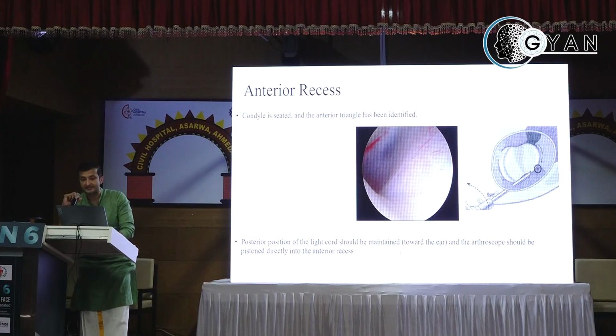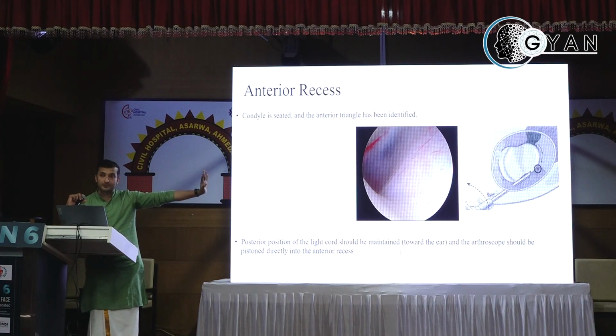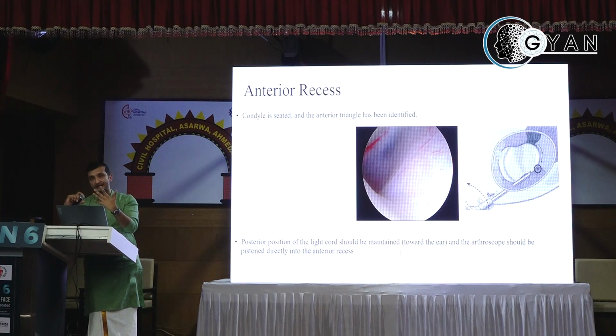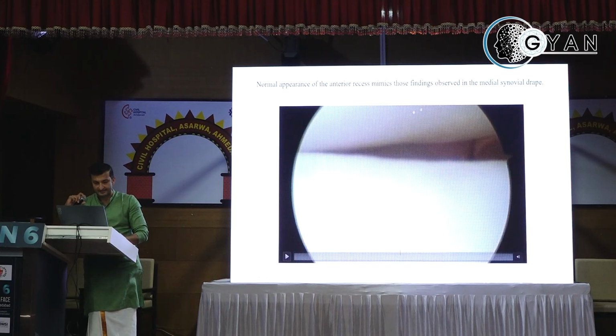Coming to the anterior recess, all these things that you saw are in the posterior recess. Now, going to the anterior recess, it's more or less like your medial synovial drape. It is medial, and what you can see there is basically adhesions or any pathology which you may have to address.